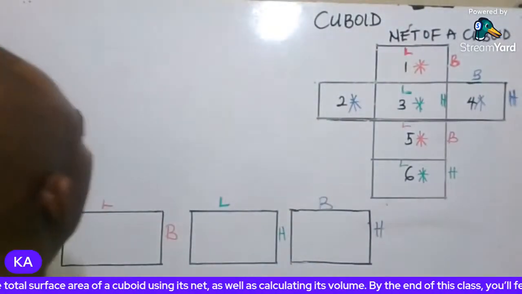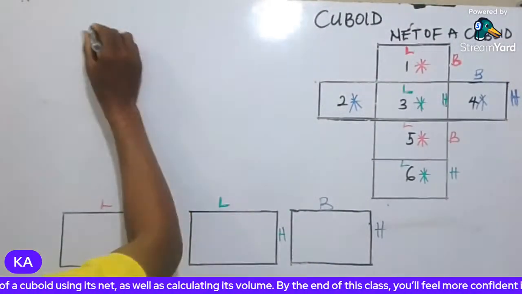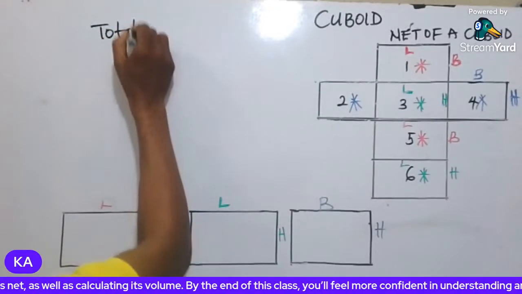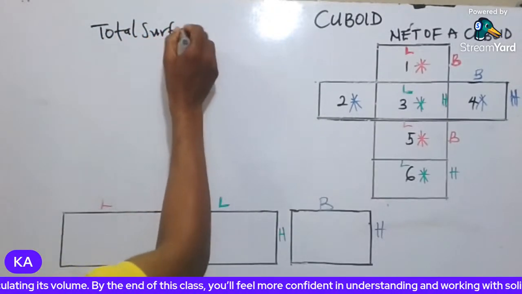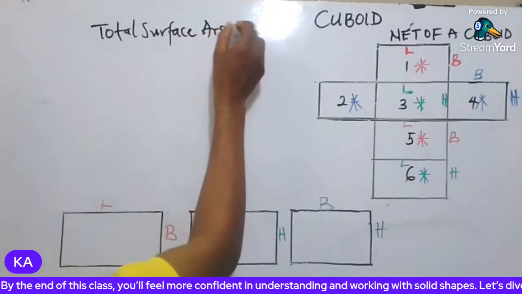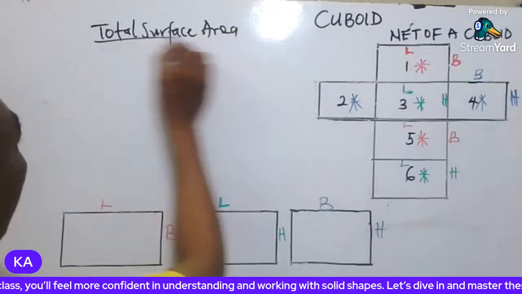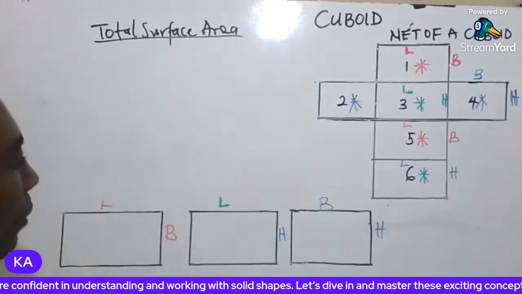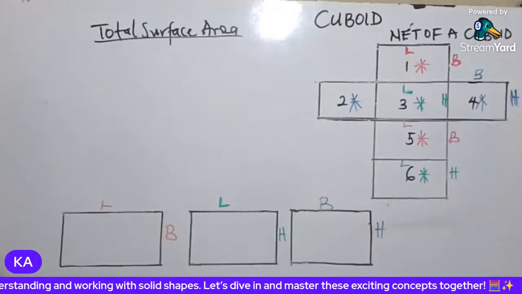Can we come back here now and say total surface area? The total surface area of a cuboid now is going to give me, what is this first one?